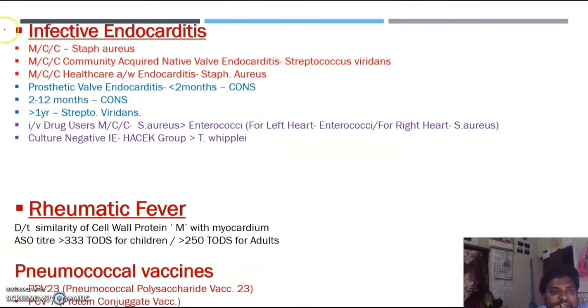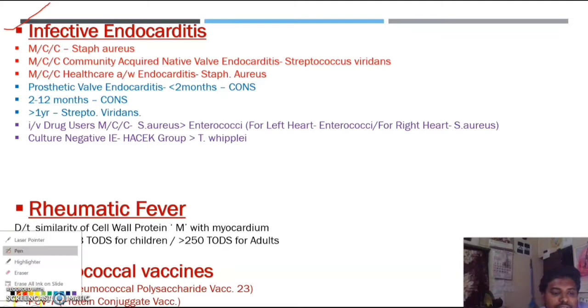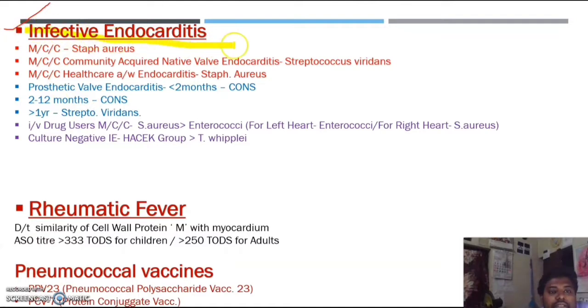Now we will discuss a few diseases also, clinical cases. Now we'll discuss infective endocarditis. Infective endocarditis is the infection of the endocardium layer of the heart. Okay, so what happens, the valves etc. are affected, so there will be a new onset murmur, heart failure, heart block, such things.